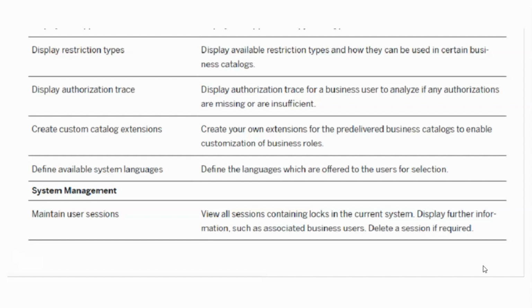Create custom catalog extensions: we can create our own extensions for already existing pre-delivered business catalogs to enable customization of business roles. We can define available system languages, the languages which are offered to the users for selection. We can maintain user sessions: we can view all the sessions containing logs in the current system, display further information such as associated business users, and delete a session if required as well.